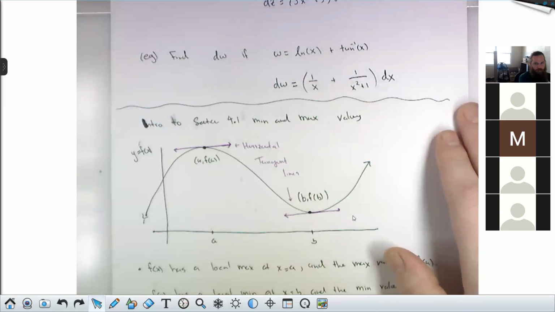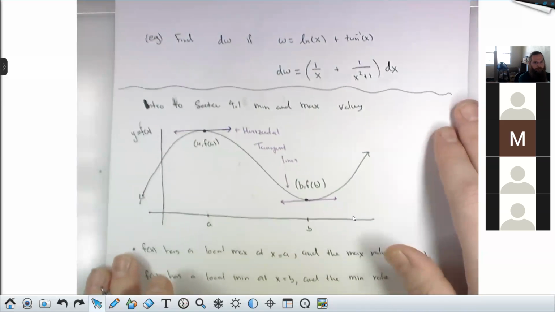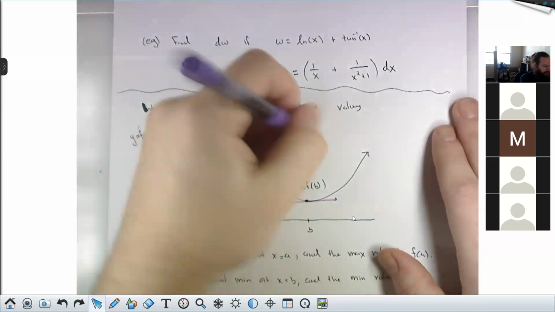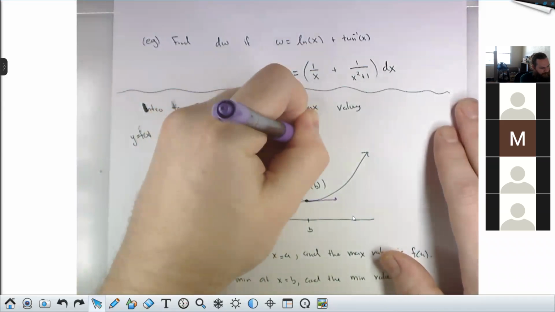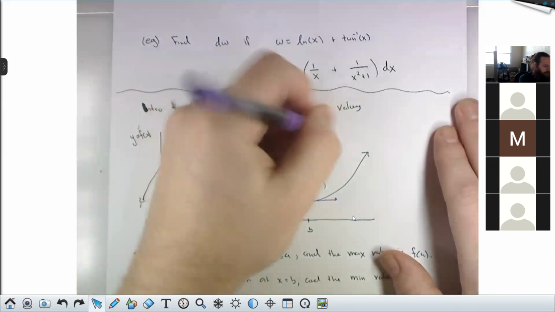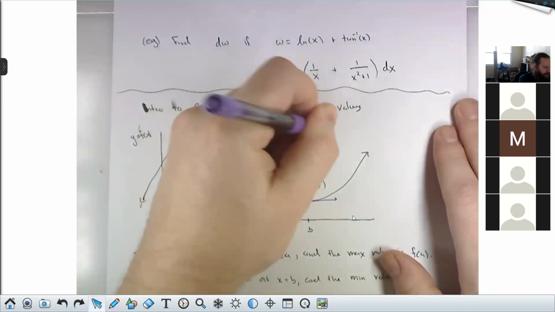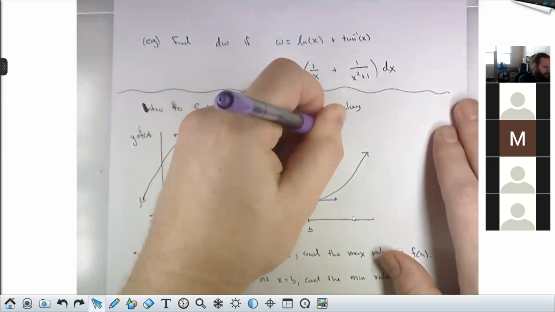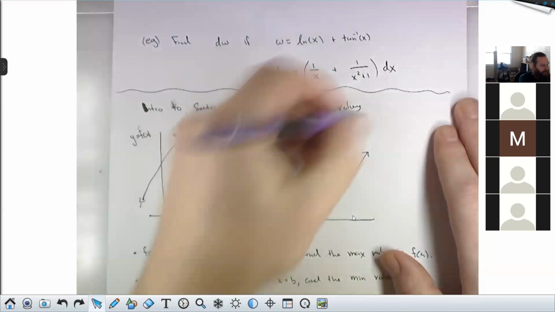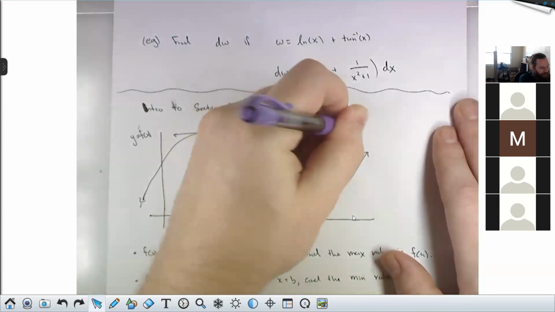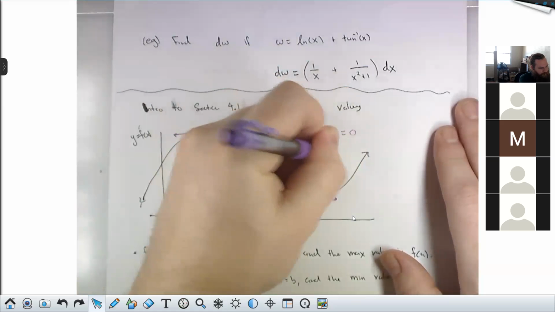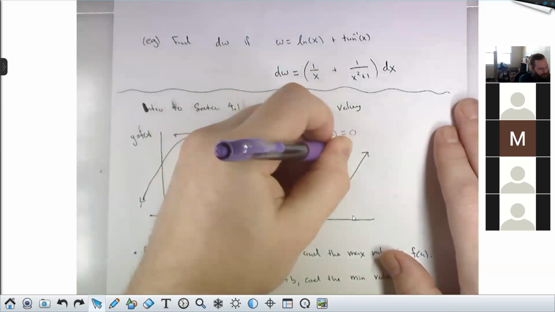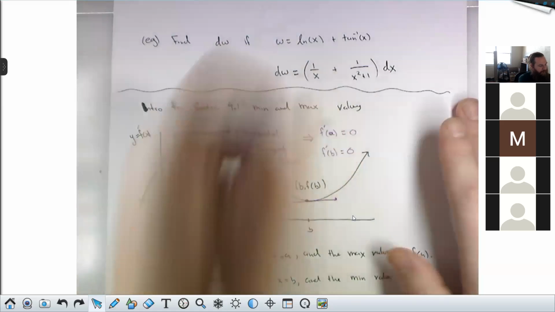Okay, so what does that tell me about the derivative? This means that f primed of a, the derivative at a, which is the slope of the tangent line there, has to be 0. And that f primed of b, which is the slope of the tangent line at b, also has to be 0.